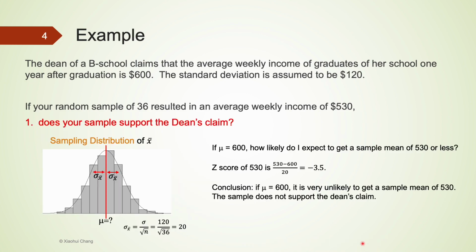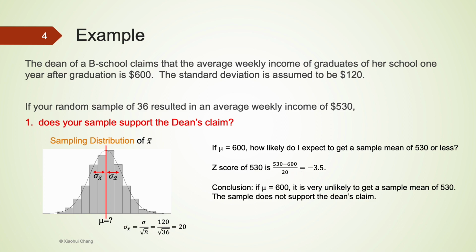Question 1. Does your sample support the dean's claim? Let's take a look at a sample mean of 530. It would be very difficult to gauge the size of 530 in the absolute sense. We know it is less than $600 because we have both the mean, which is $600, and the spread, which is $20, of the normal distribution. We can convert the 530 into a z-score.